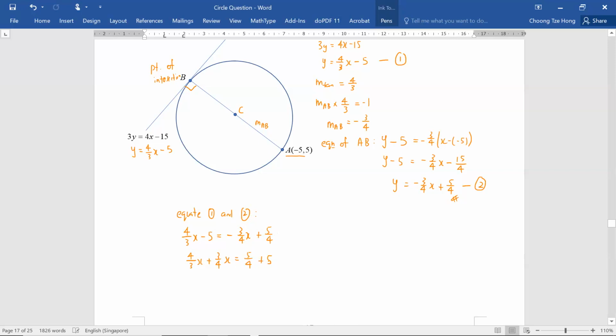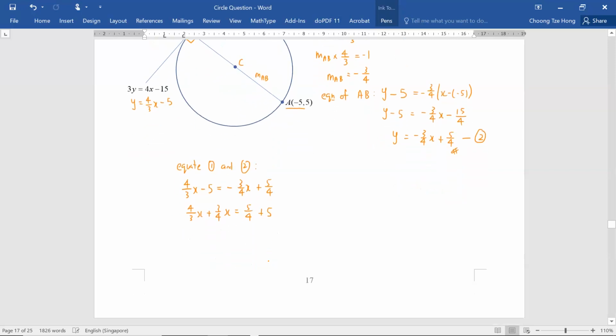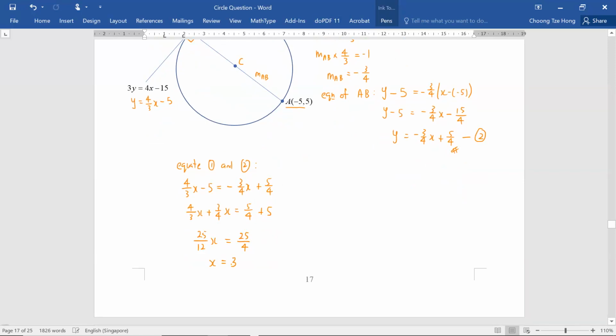So we get this. 4 over 3x plus 3 over 4x, you will get 25 over 12x. Then 5 plus 5 over 4, you will get 25 over 4, right? Then you divide by the 25 over 12 on the other side, you get x equals 3.